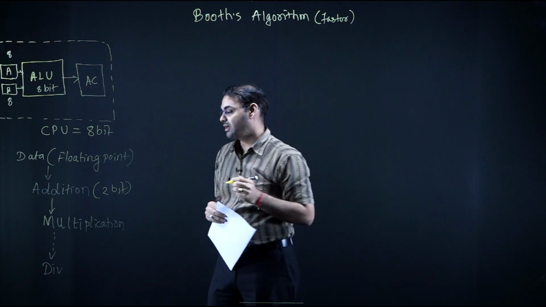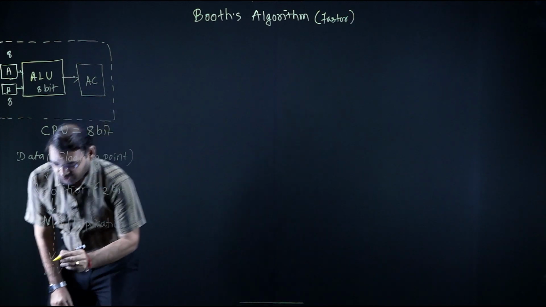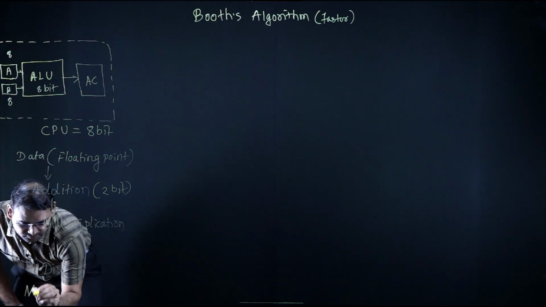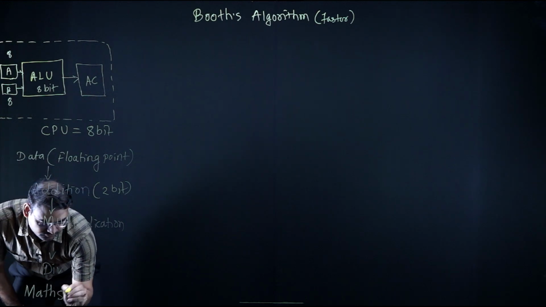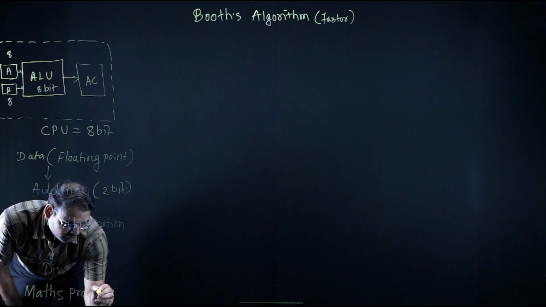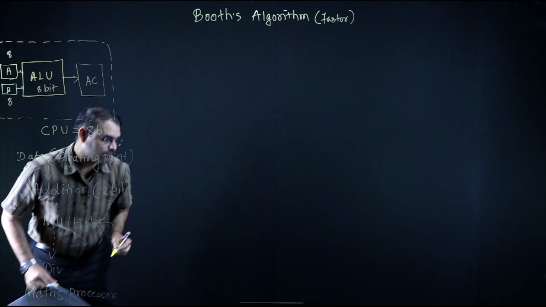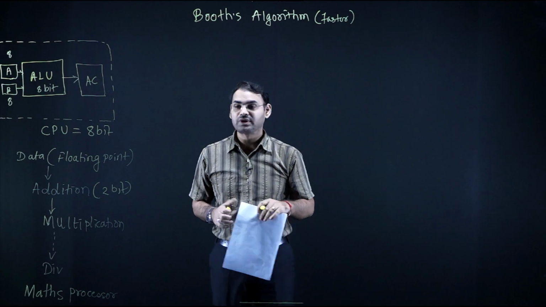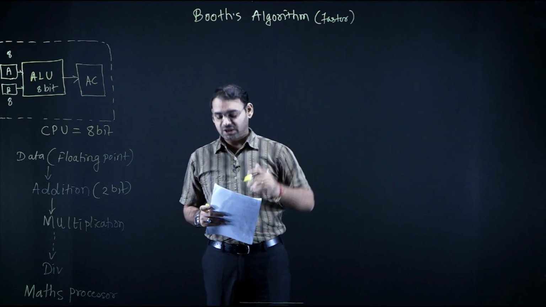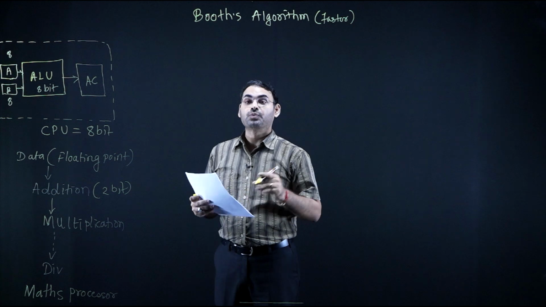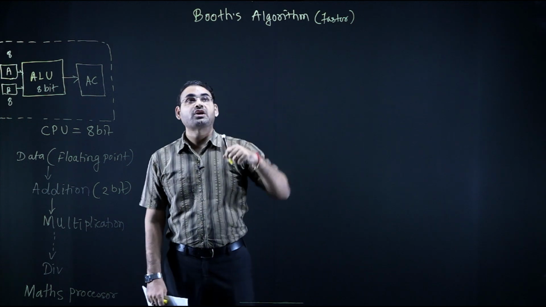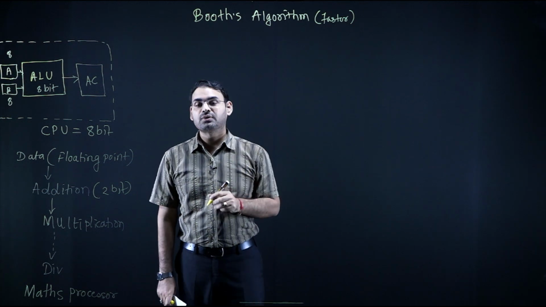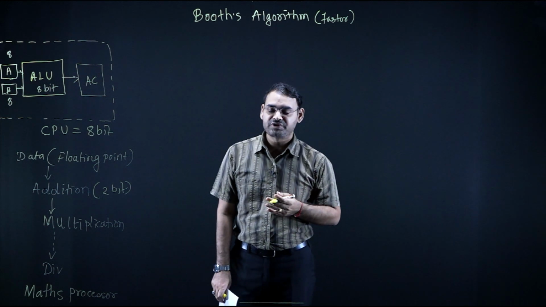For the faster rate, can we know about the math processor? The math processor also has an algorithm related to that, and the basic algorithm that we are going to understand is Booth's. In Booth's algorithm, what is important is the 2's complement number system.